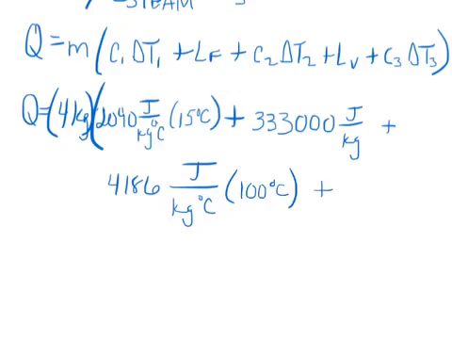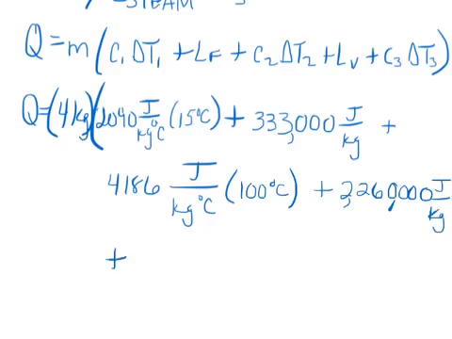Plus the latent heat of vaporization, which we were told a minute ago, was given as 2.26 times 10 to the 6. So 2.26 times 10 to the 6, that's 2, 3, 4 zeros. The comma's in the correct place. And this is units of joules per kilogram.